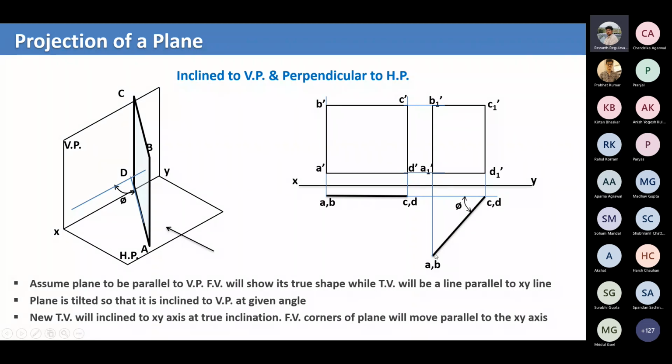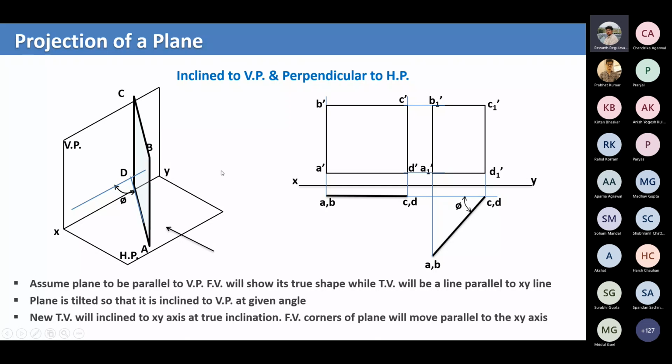Then we draw construction lines from these points, and we get A1 dash, B1 dash, and extending this we get D1 dash and C1 dash. So these are the true projections of the plane ABCD.